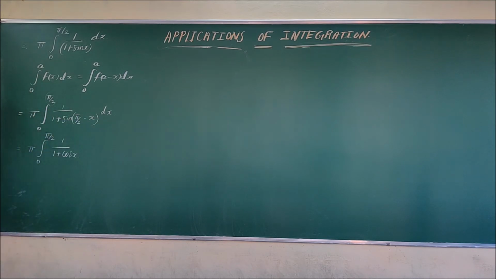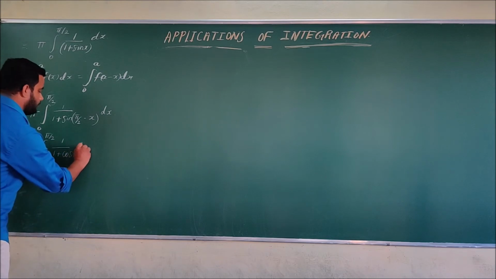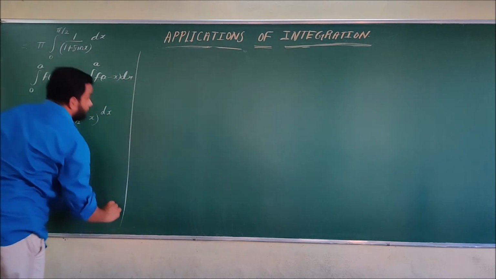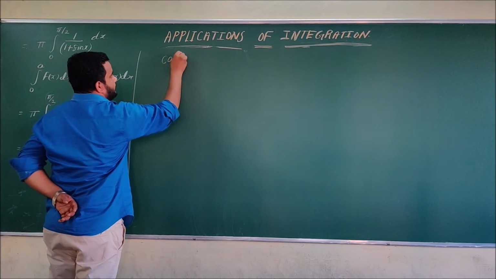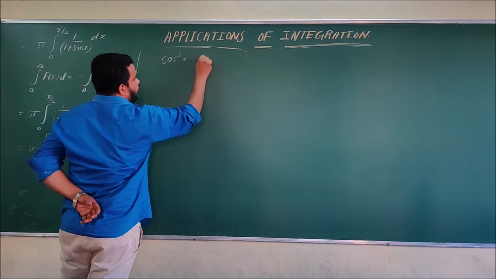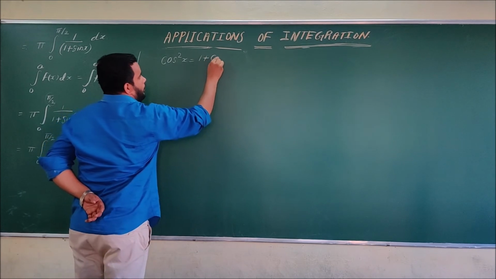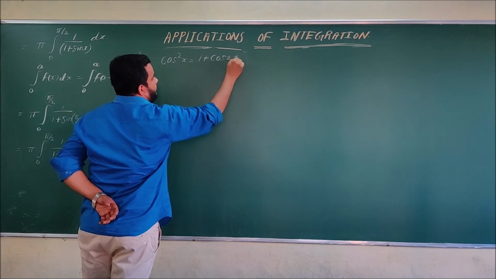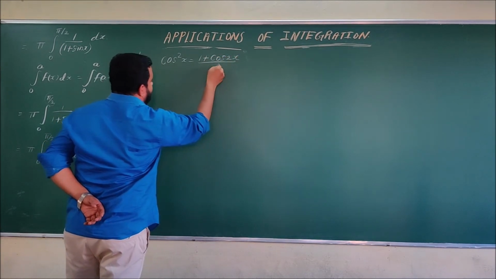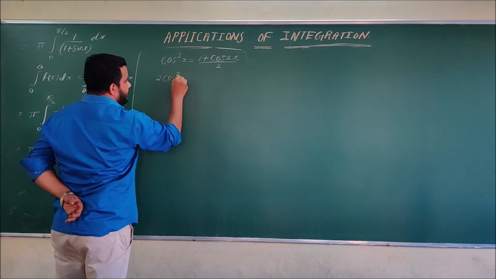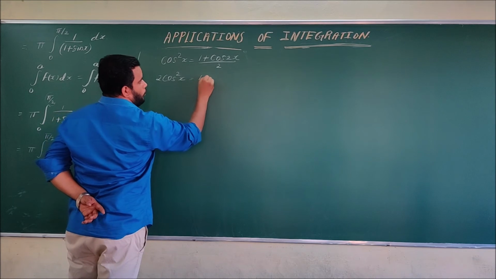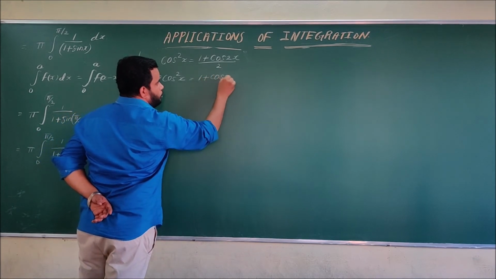Now we can simplify this 1 plus cos x. We know the form of cos square x: cos square x is equal to 1 plus cos 2x by 2. This 2 comes to the left hand side, so 2 cos square x is equal to 1 plus cos 2x.